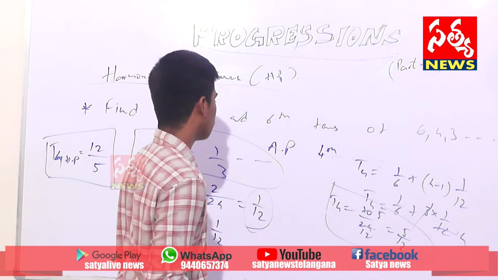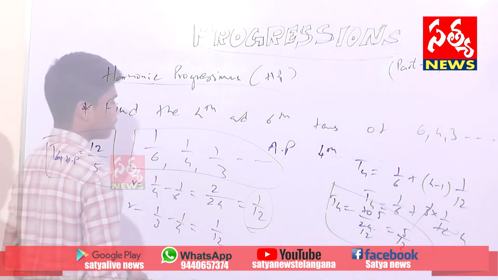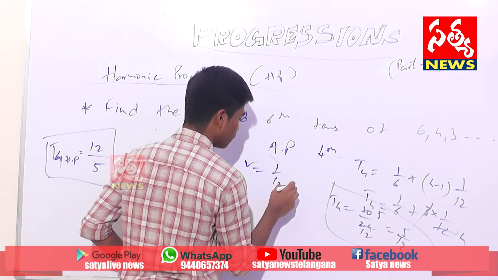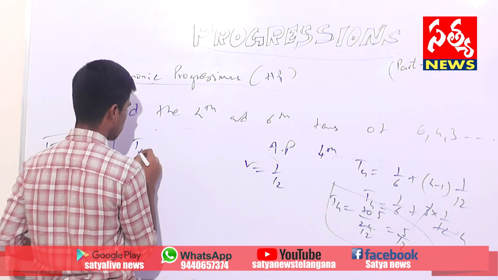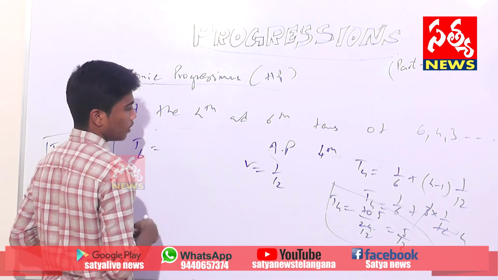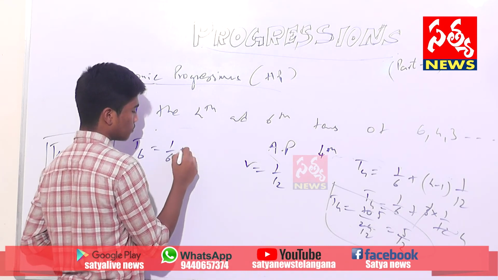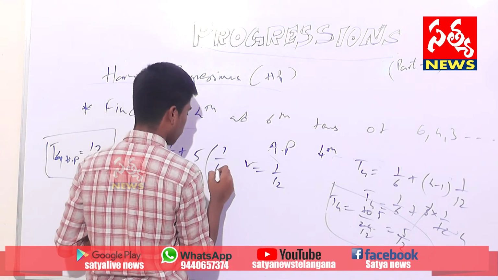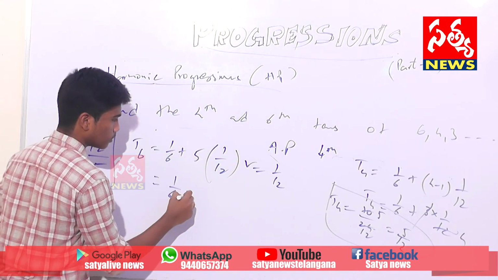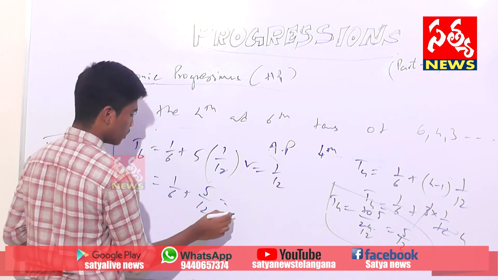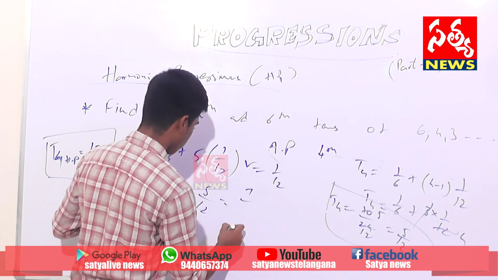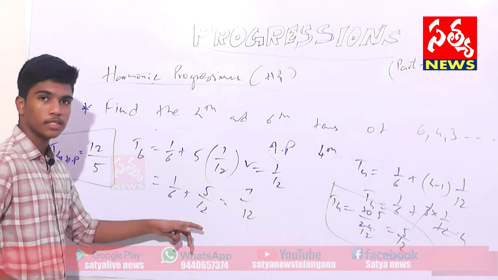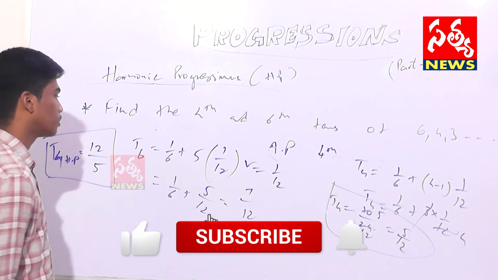And similarly the sixth term. Remember the D value is 1 by 12. Sixth term, T6 is equal to A, which is 1 by 6, plus 5 into D, where D is 1 by 12, right? 1 by 6 plus 5 by 12. Do the LCM, we get 7 by 12. So 7 by 12 is the sixth term of the AP series.